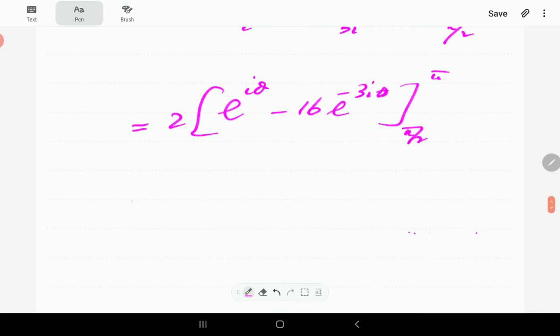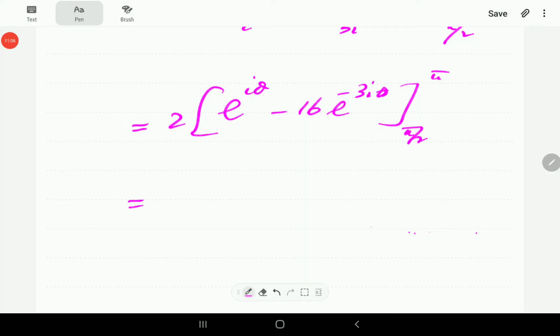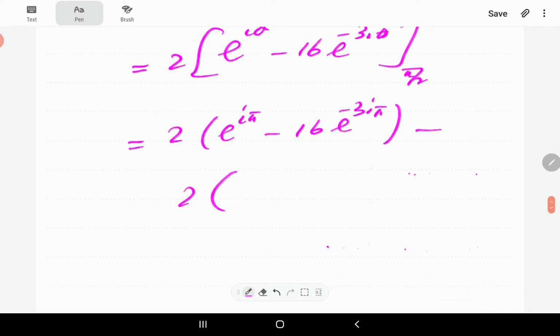If we plug in pi, this gives us e to the i pi minus 16 e to the minus 3i pi, take away, when I plug in pi on 2, e to the i pi on 2 minus 16 e to the minus 3i pi on 2.